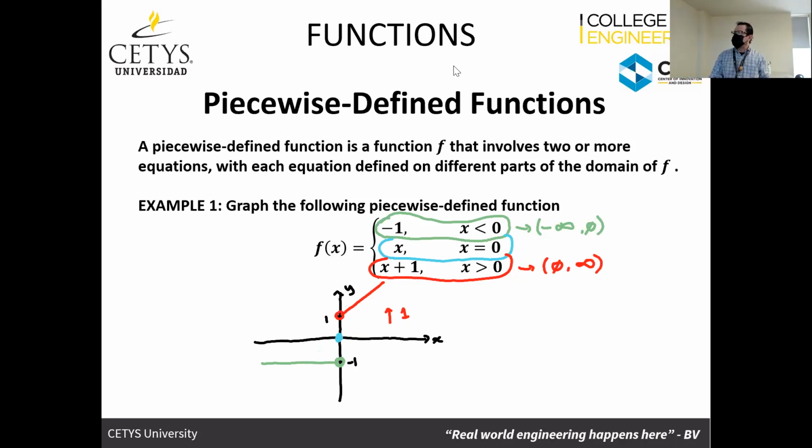This same function could have been written as follows. There's another way in which we could have represented exactly the same function. Well, no, actually, this is the way we could represent it.